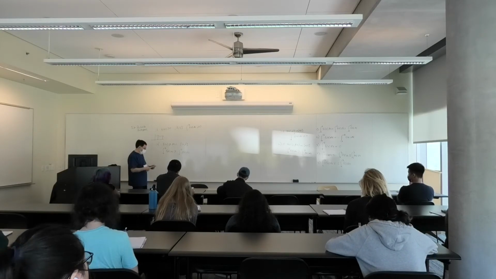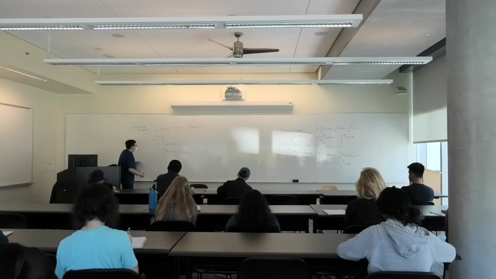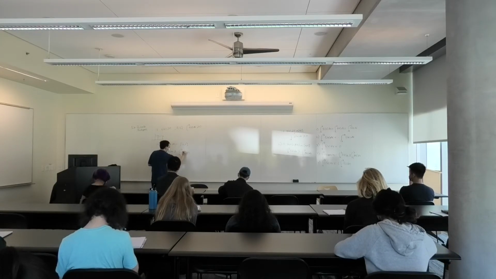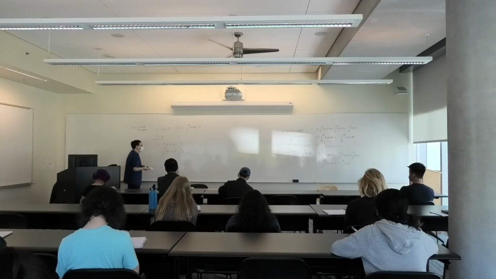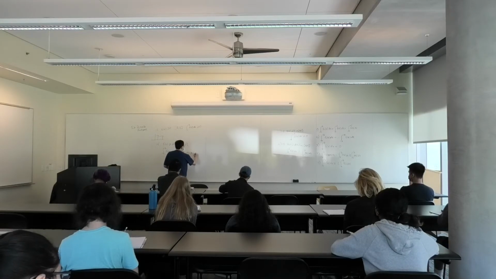This third property is kind of a direct result of this. If you think of g of x as the constant m, then this is just m times b minus a.